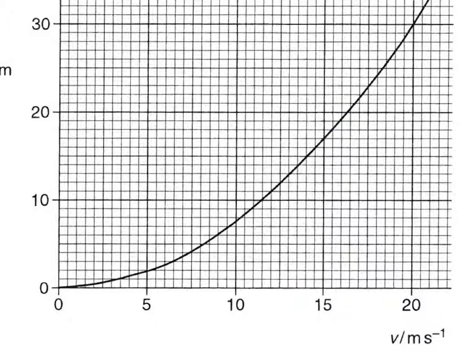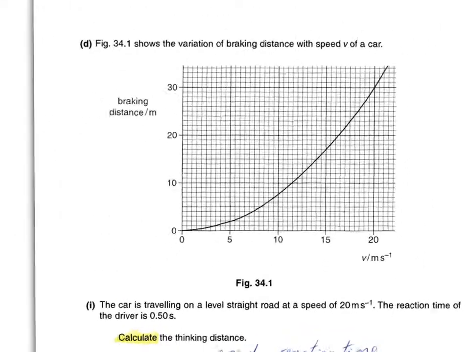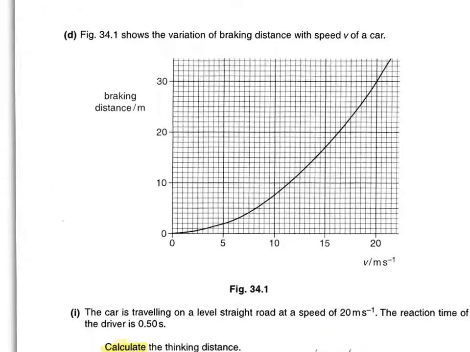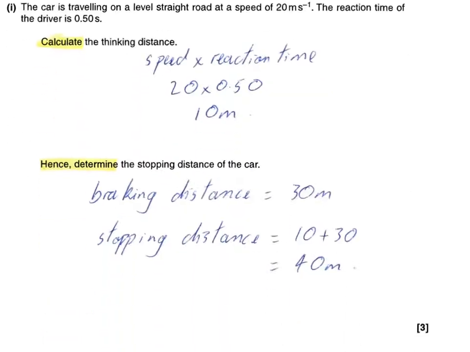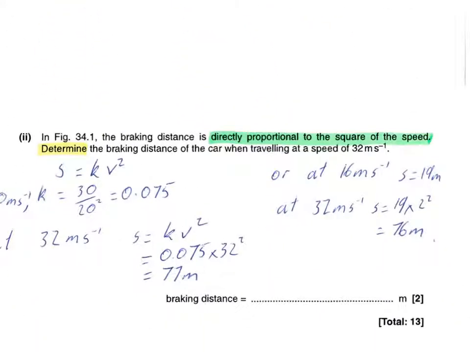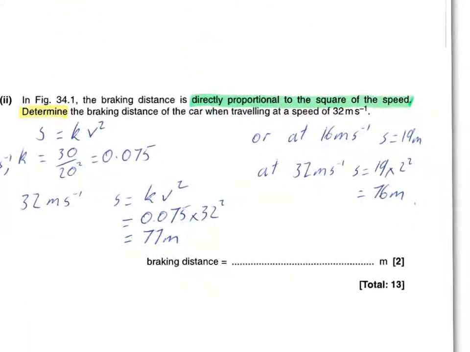So at 16 meters per second, I'm going 19 meters. Okay, so that's information from the graph. Possibly I could argue it's 19 and a quarter, but 19 is perfectly reasonable reading off.